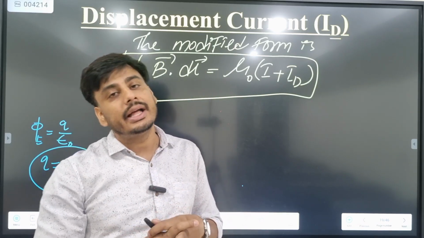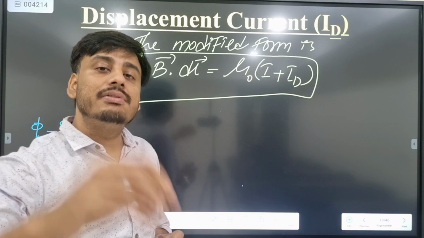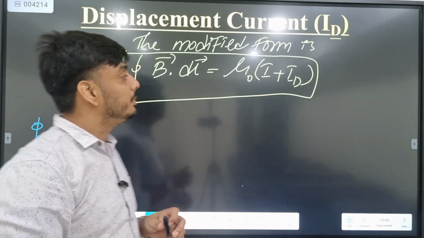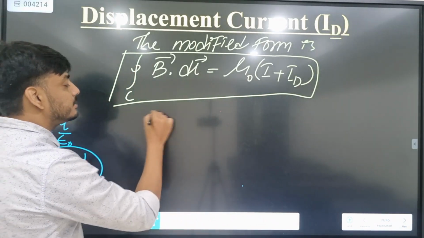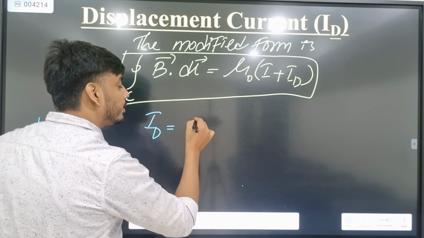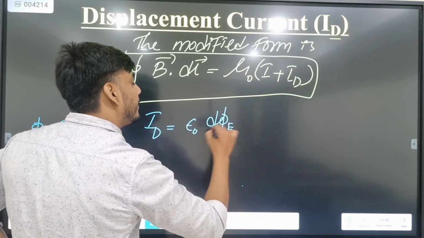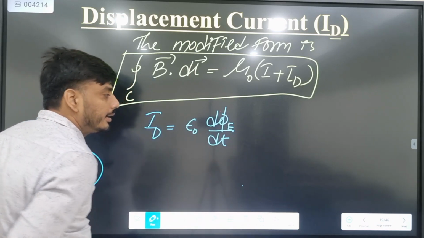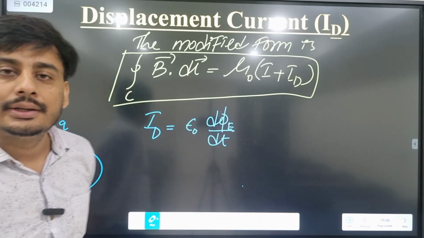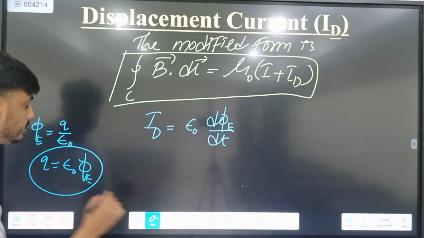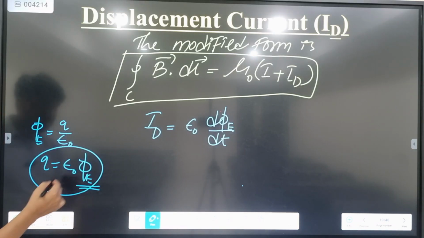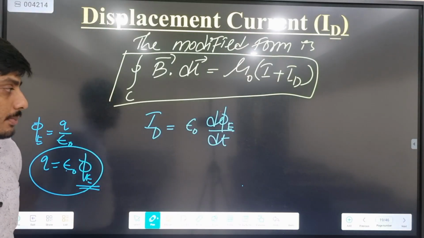Due to that, another type of current develops, which is the displacement current. So displacement current is equal to epsilon naught d phi E by dt, where phi E is the electric flux and epsilon naught is the permittivity of free space.